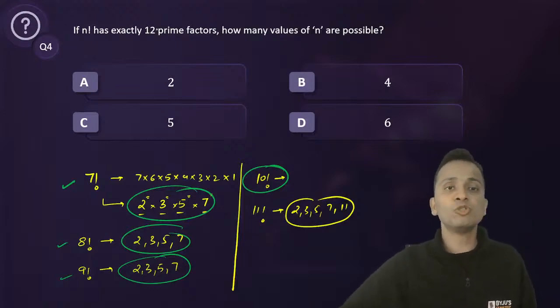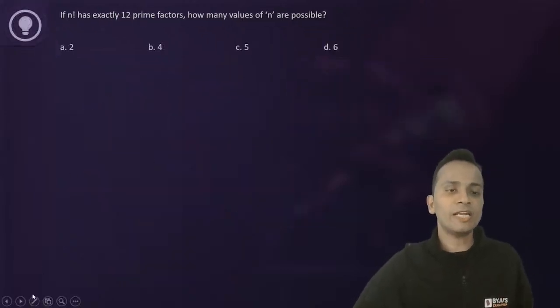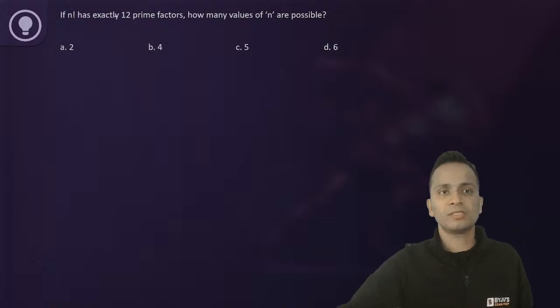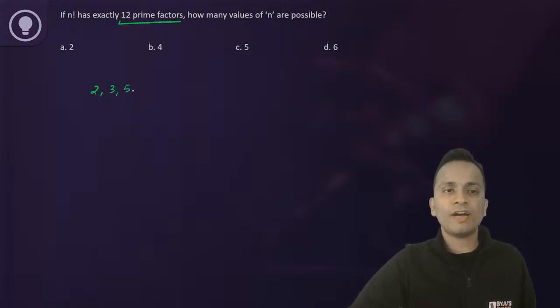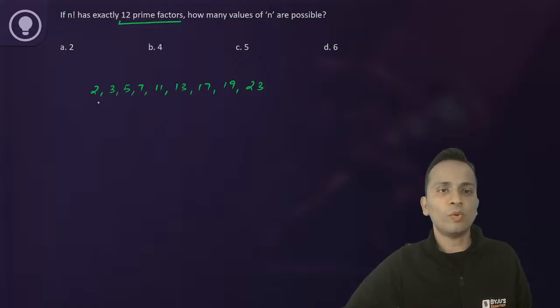Now what do I need? I need 12 prime factors. So what I'll do is start writing all the prime numbers, and I will write 12 prime numbers. So 2, 3, 5, 7, 11, 13, 17, 19, 23. How many are there? 1, 2, 3, 4, 5, 6, 7, 8, 9.